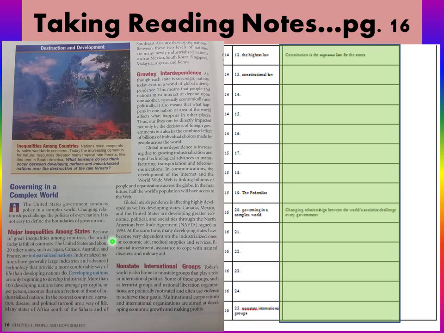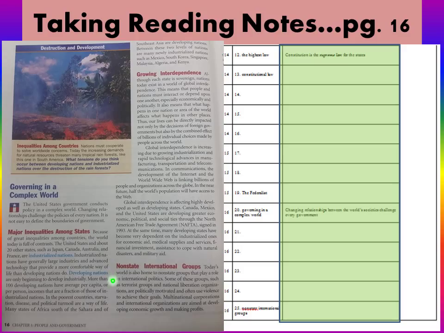The United States and about 20 other states, such as Japan, Canada, Australia, and France, are industrialized nations. Industrialized nations have generally large industries and advanced technology that provide a more comfortable way of life than developing nations do. Developing nations are only beginning to develop industrially.